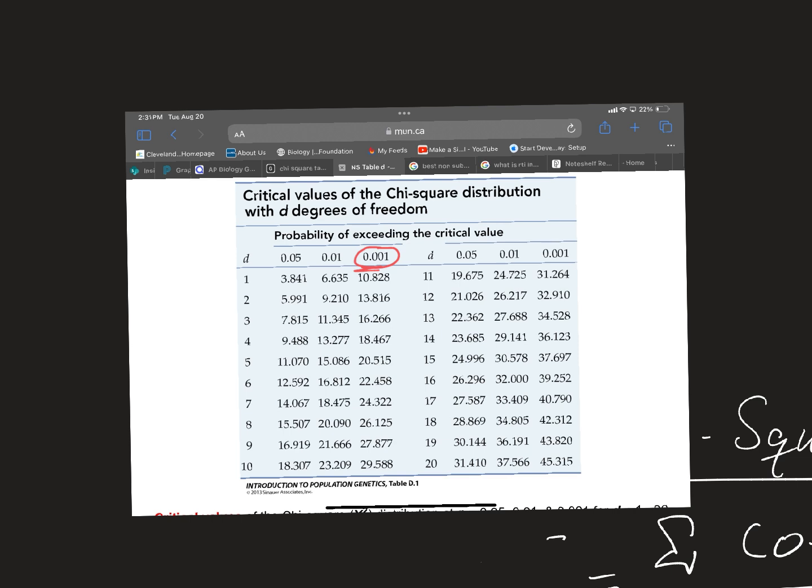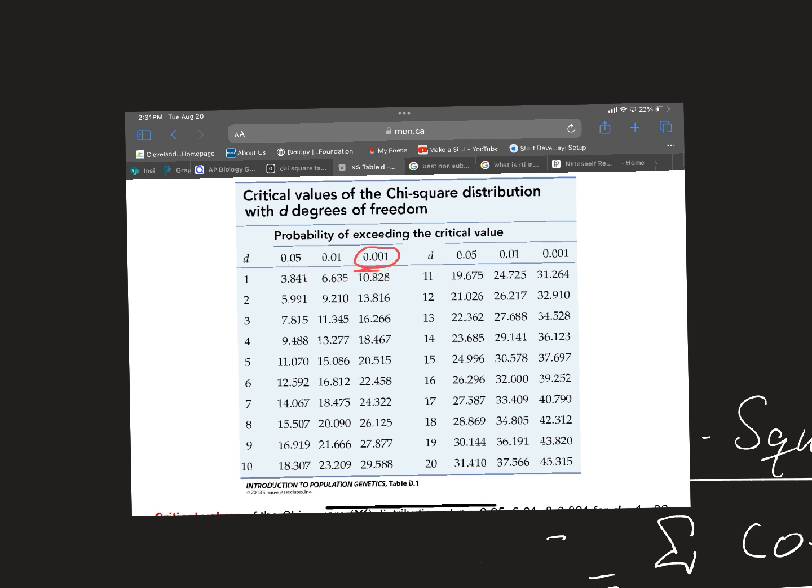I'm going to say if my chi-square is larger than 10.828, then I reject the null hypothesis. But if it's smaller than 10.828, I'm going to accept the null hypothesis. So let's say my chi-square value is 6. That means it's in between 0.001 or 1% and 5%, closer to 5%.